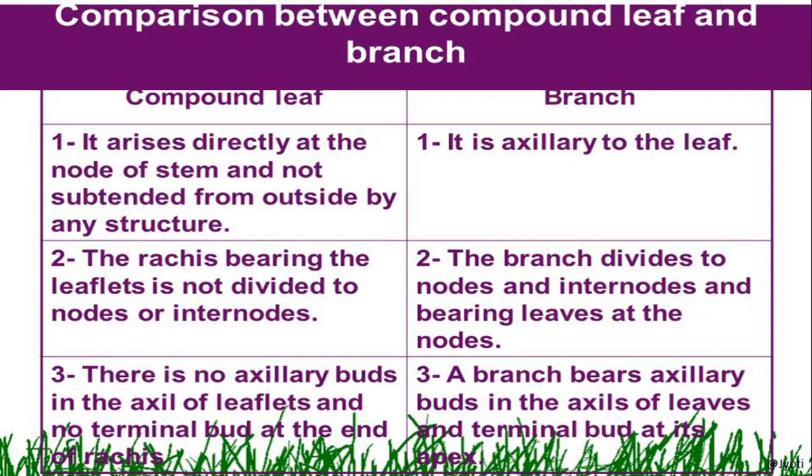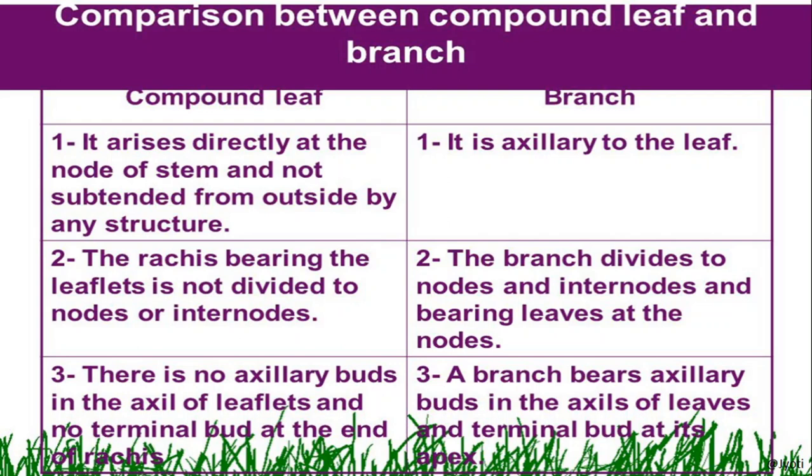Now sometimes we are often confused between a compound leaf and a branch. So let us see what the differences are between a compound leaf and a branch. Very important from the examination point of view. The compound leaf arises directly at the node of the stem and is not subtended from outside by any structure.